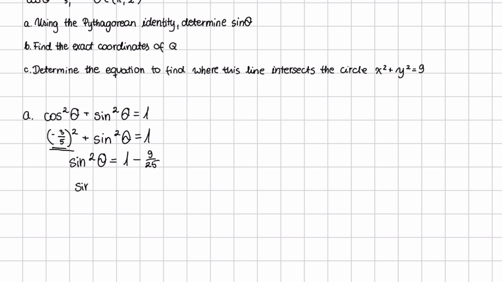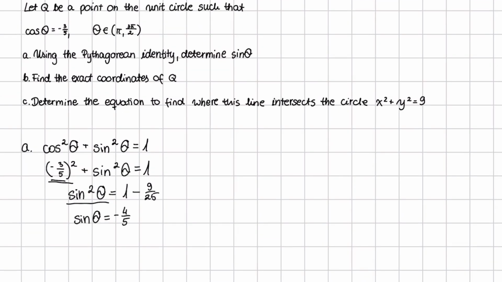So our final answer is negative 4 over 5, and you have to remember that here we have squared, so we also have to take the square root of both sides.